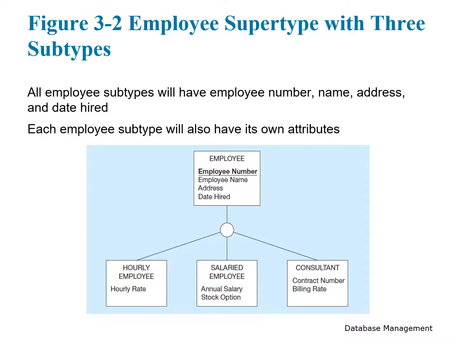In this case, all employees have name, address, and hire date, but only hourly employees have hourly rate, only salaried employees have salary and stock option, and only consultants have contract number and billing rate. If we simply had an employee entity, then these special purpose attributes would be irrelevant for many of the employees.